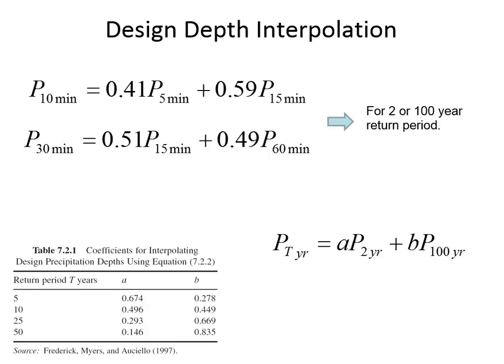And so really, if all you had was the 5, 15, and 60 for the 2 and the 100-year storm, so those 6 values, then you could fill out an entire IDF curve for every return period and every duration between 5 minutes and an hour. So you could get everything you needed from 6 values.